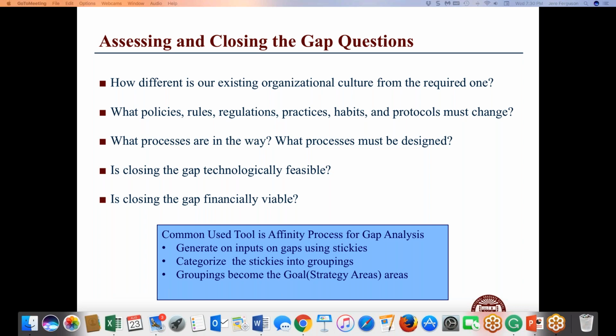Because what you want to do is make sure that the things you come up with through brainstorming are grouped into common and like elements so that you can eliminate duplication. But you also need to make sure they actually tie to a goal or a strategic area.